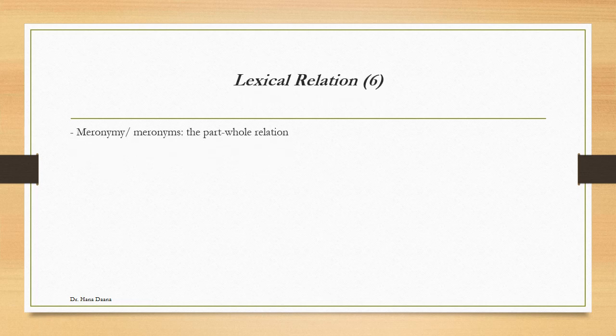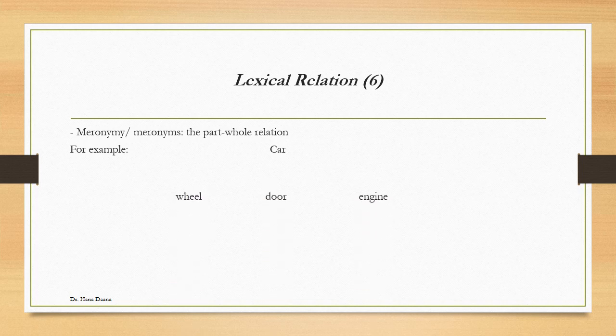The sixth relationship is the relationship of meronymy, or meronyms if we're talking about the terms themselves. Meronymy is the part-whole relationship. For example, we have car, and a car has different parts.